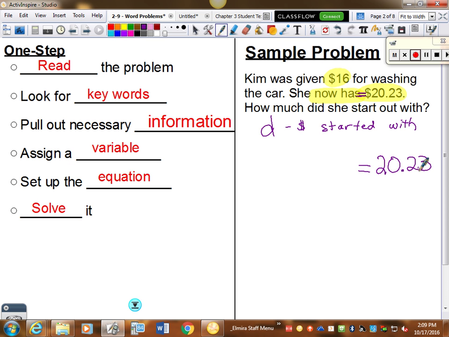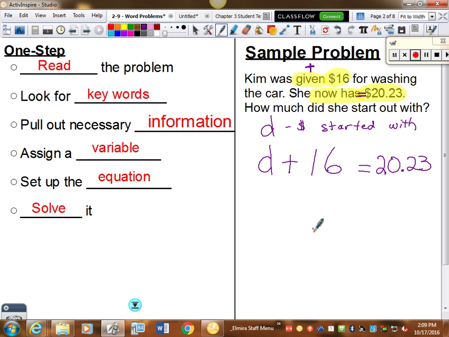She was given 16, so I'm going to put a plus sign for plus 16. So she had some money to start with, so I will start with a D. She was given $16, and the result is she has $20.23.